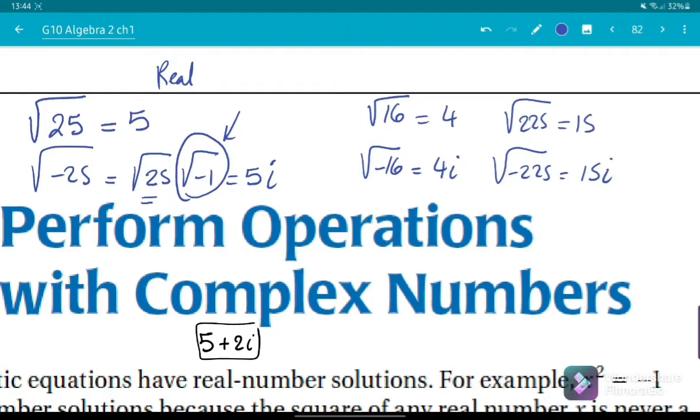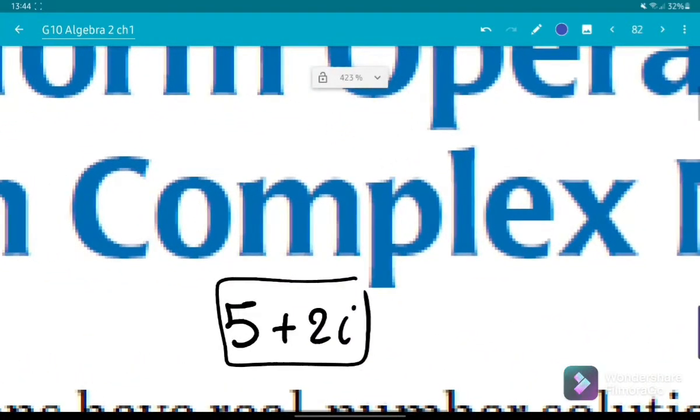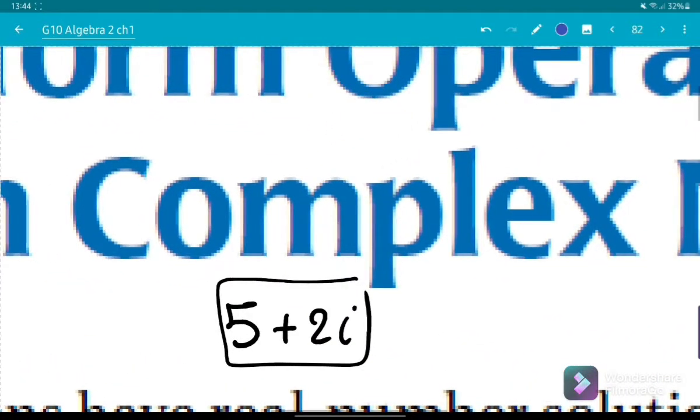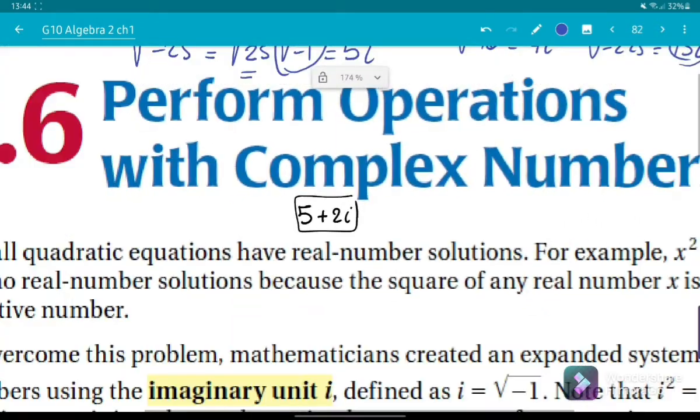If we combine two numbers, one of them real and one of them imaginary, we cannot simplify them into one. That's why we have a number called a complex number. The complex number is a + bi. a is any real value like 5, b is any real number like 2, but it comes with i.